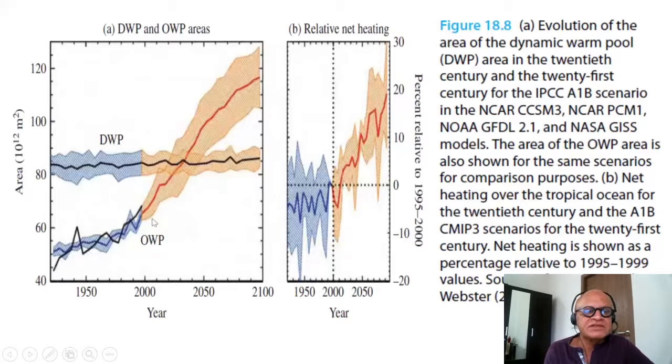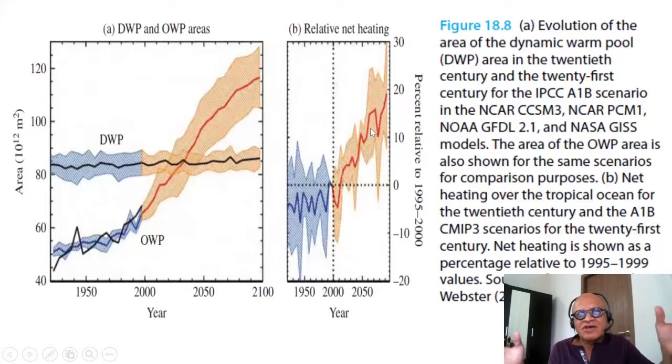In the past as well as into the projections, the area of oceanic warm pool increases quite substantially, but the area where the total columnar heating is increasing is fairly flat. It's almost constant at this 80 times 10 to the 12 meters squared. Okay, if you look at relative net heating with respect to 1995 to 2000, that has increased in the past and will continue to increase.